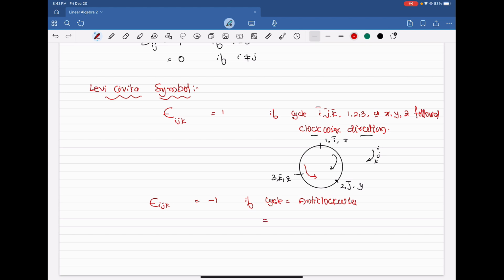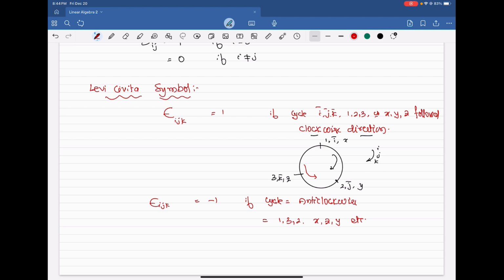Anti-clockwise cycle means that it is something like 1, 3, 2, or something like x, z, y, etc.